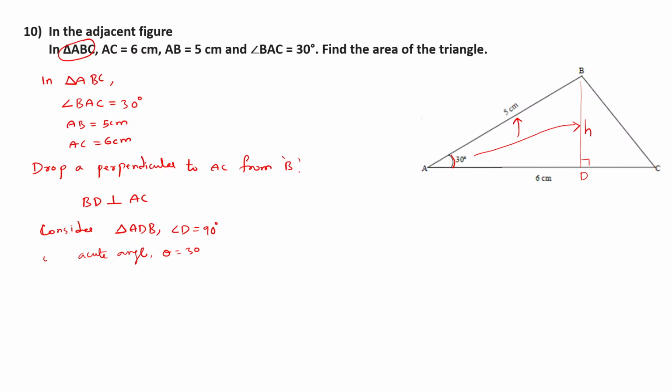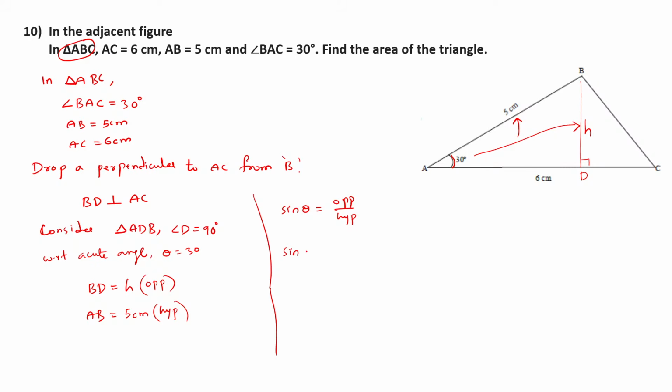So BD equals h will be the opposite side, and AB equals 5 centimeters will be the hypotenuse. So for hypotenuse versus opposite side, as usual, sin theta equals opposite side by hypotenuse.